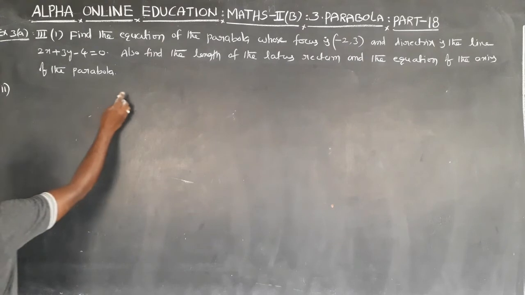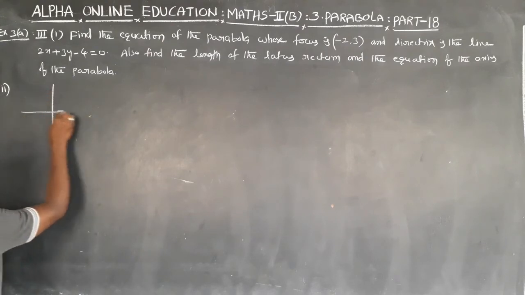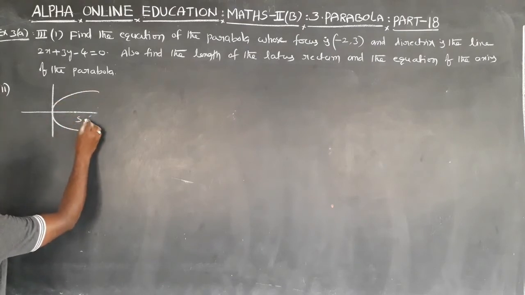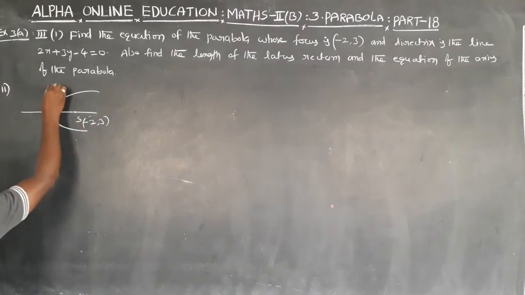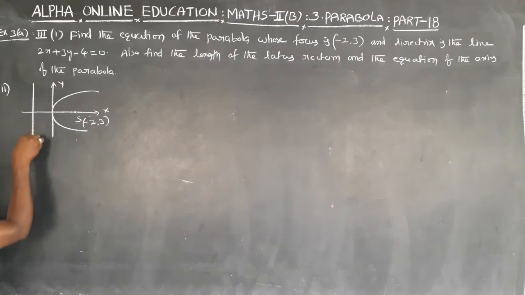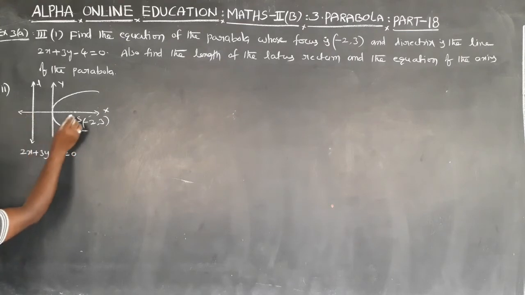Here, this is the diagram of the parabola. This is the focus, minus 2 comma 3. This is the x-axis, this is the y-axis. This is the directrix, 2x plus 3y minus 4 is equal to 0.